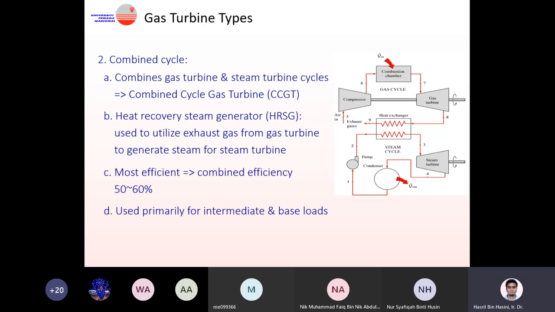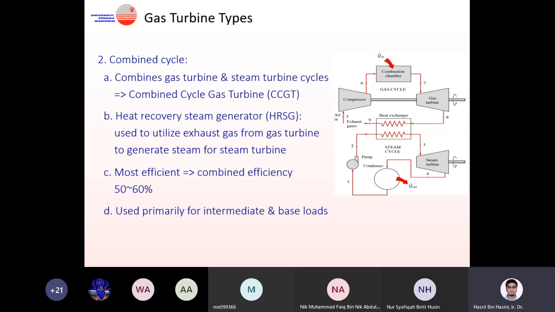Because of that, the efficiency is considered very high for a combined cycle gas turbine, approximately 50 to 60%. A single gas turbine efficiency is maybe around 30%, and coal-fired power plant efficiency maybe around 40%. When you have a combined cycle power plant, you can go up to 60% efficiency.